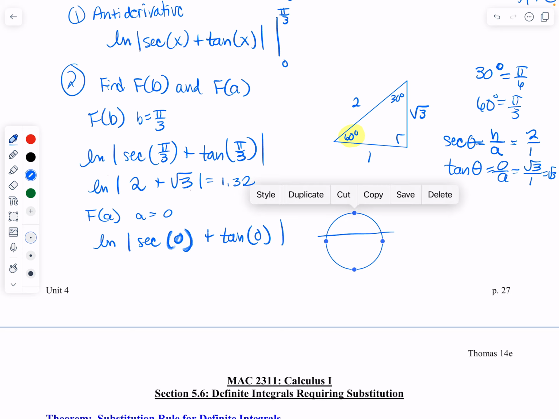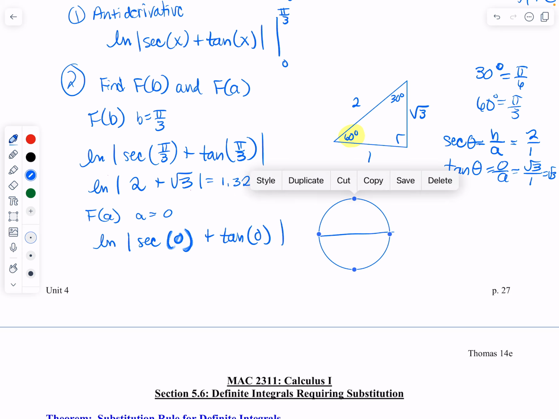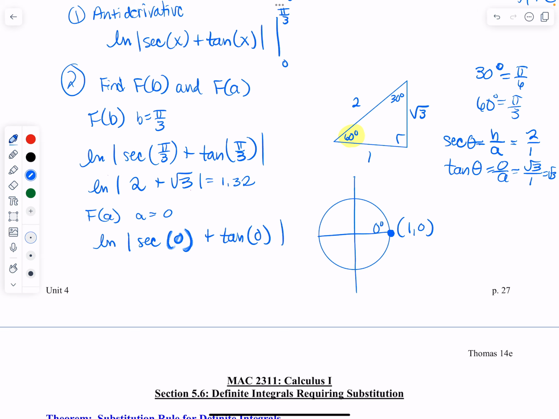So let me move that so it looks better. All right, so remember the values here are 1, 0 at 0 degrees, right? Or 0 radians. All right, so secant, again, is 1 over cosine, right? So cosine at that value is 1. So 1 over 1 is 1.